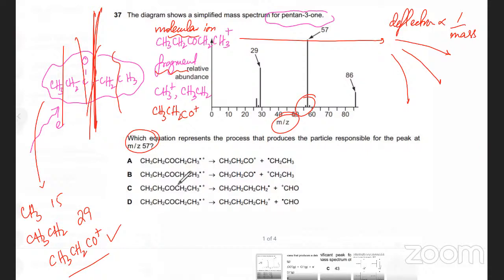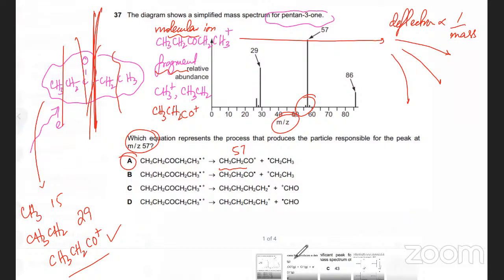The only difference between A and B is the charge. Why is it going to be A? There's a positive charge with it. Because if 57 is being detected, the only particles detected in a mass spectrum are the ones that have a positive charge on them. Is that clear?